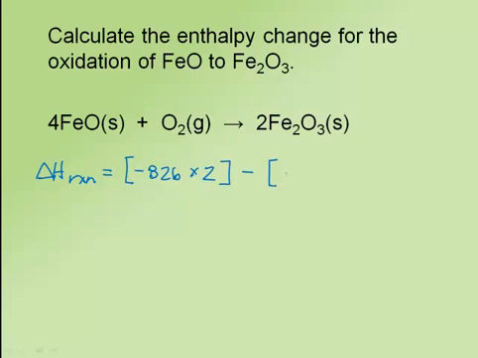We look up the heat of formation of iron(II) oxide and find that it's negative 272 kilojoules. Multiply that by the 4 moles present in the reaction. And again, we don't have to include the O2 because it has a value of 0.